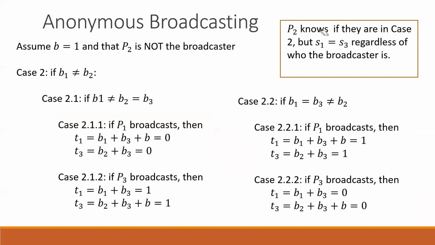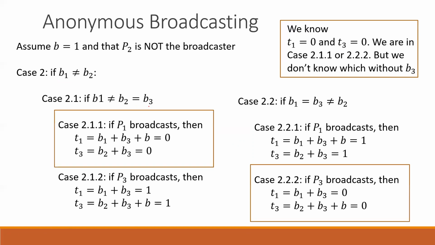Yeah, so case two, let's say I know B1 and B2, those are the two bits that I know, but let's say they're not equal to one another. Well, if B2 is equal to B3, then I have T1 equals 0 or T3 equals 0 if P1 broadcasts, or I have T1 equals 1 and T3 equals 1 if P3 broadcasts.